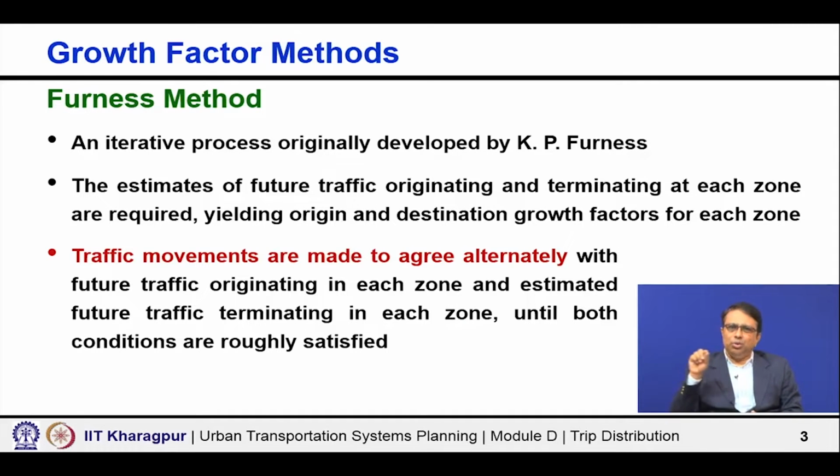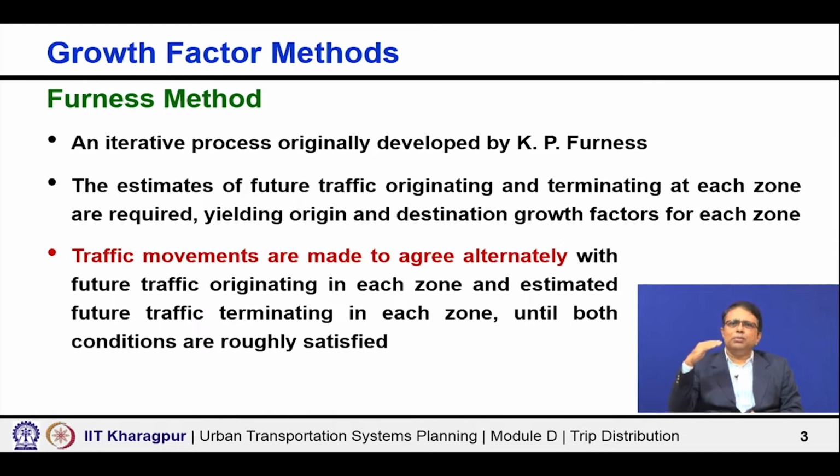We take a row, see what row total we are getting and what our target row total is for that zone, then calculate the growth factor and multiply each cell of that row with that growth factor. Now the row total for that zone will exactly match the target row total.